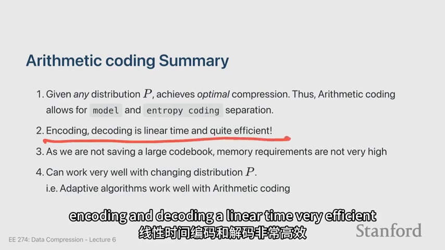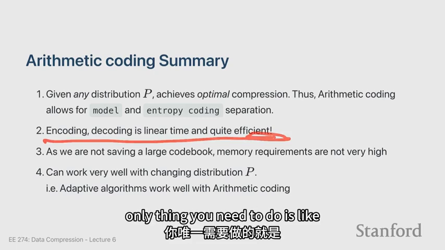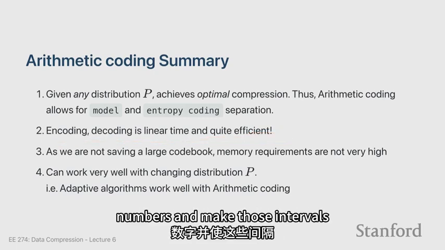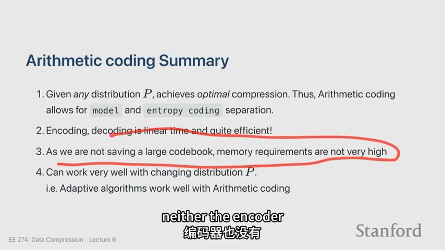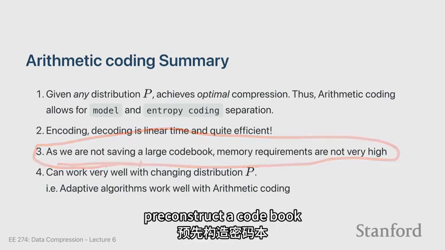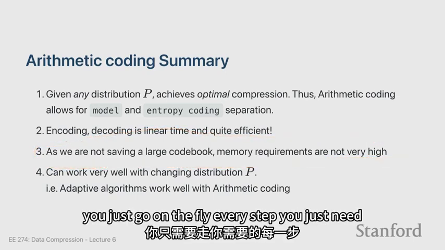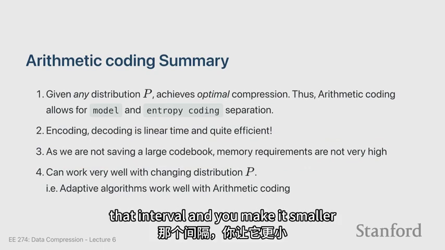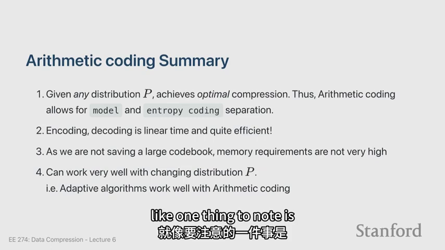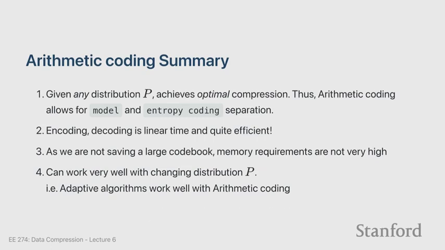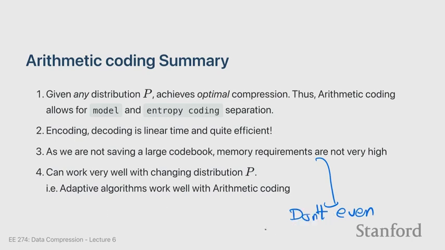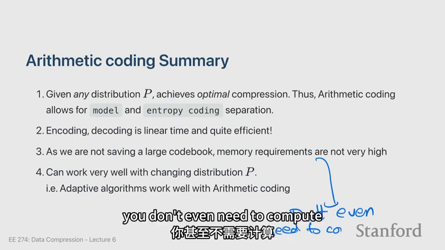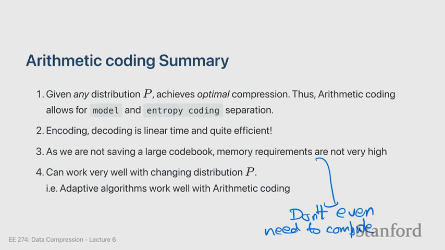Encoding and decoding are linear time, very efficient. We saw that the only thing you need to do is multiply some numbers and make those intervals. You do not need to save a large codebook. Neither the encoder nor the decoder needs to pre-construct a codebook. You just go on the fly. At every step you just need that interval and you make it smaller. One thing to note is you don't even need to compute P of x^n.